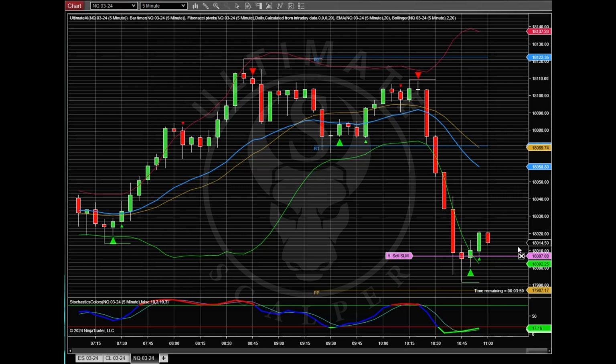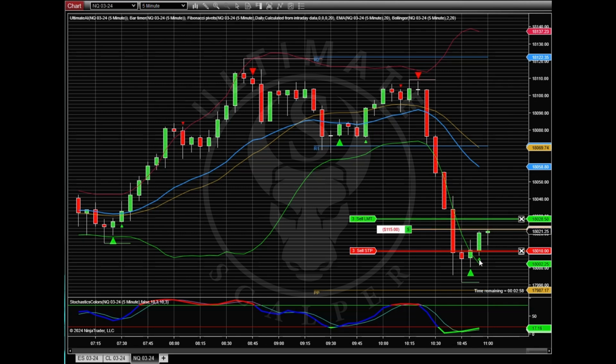You could get yourself ready to take the breakout of either side. This would be the front side of the small green. I really don't think it has much upside, but we're going to take it for demonstration purposes.